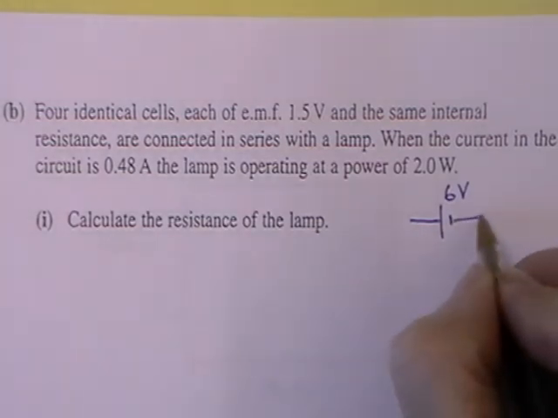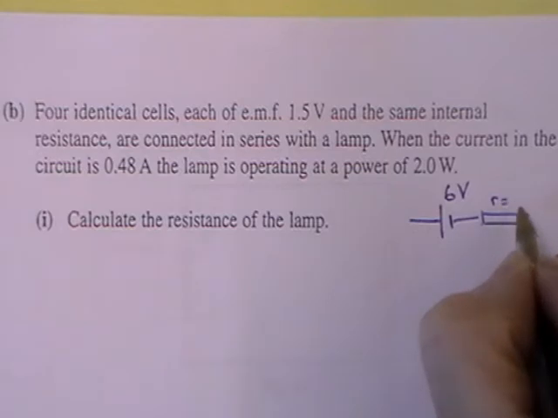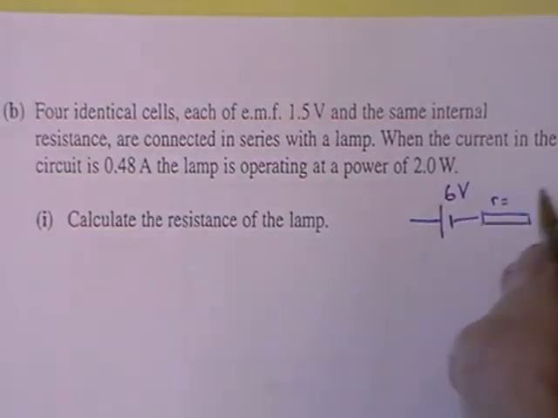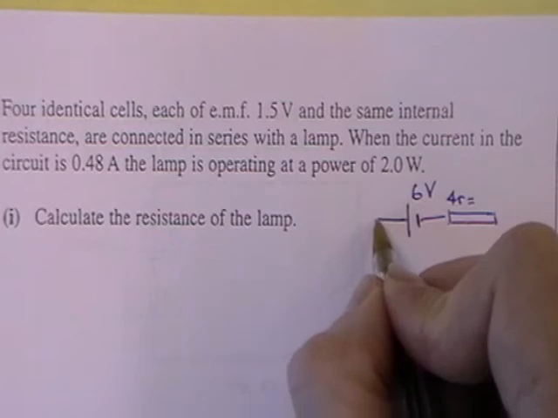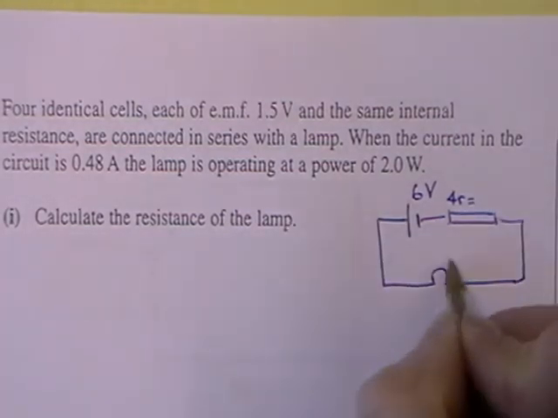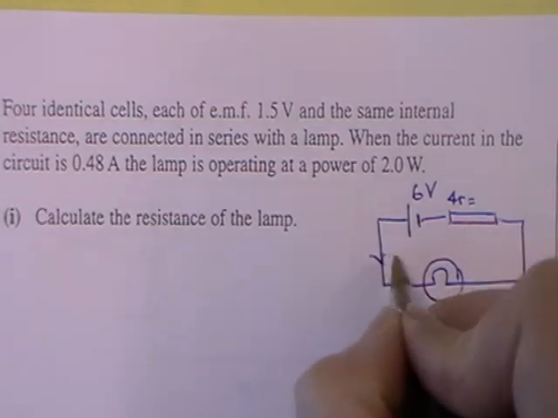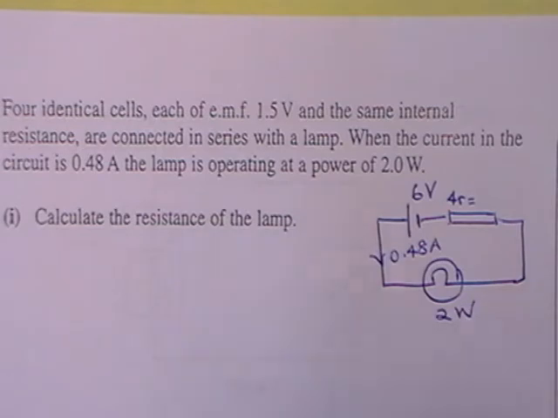I'm going to draw a single resistor beside it, and that's meant to represent its internal resistance. Each of them, we don't know what the internal resistance is, so we're going to write 4r there. Then I'm going to put a lamp into the circuit, and put on that the current is 0.48 amps, and the lamp has a power of 2 watts.